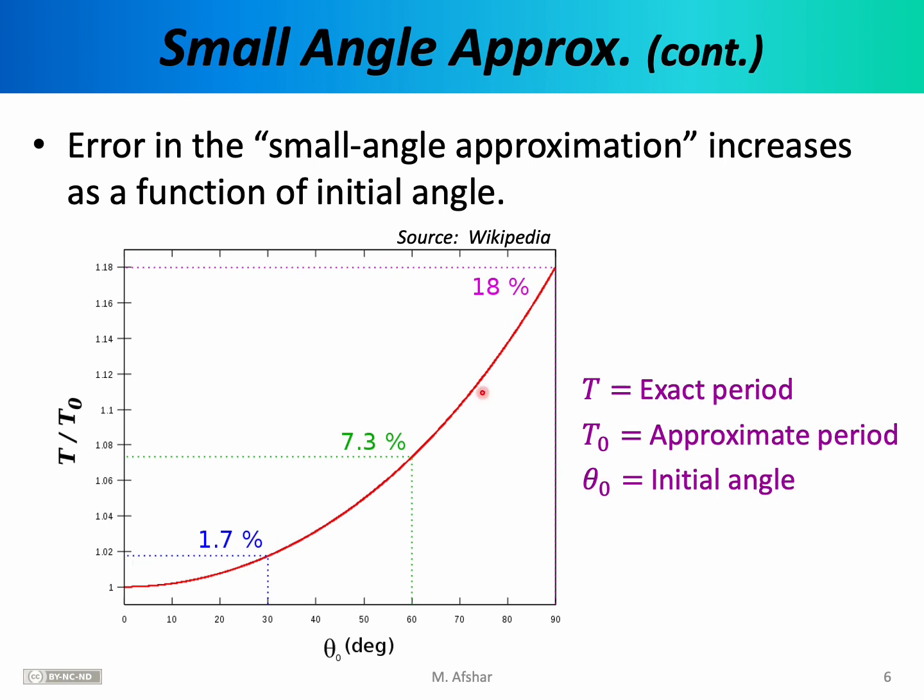What this graph is telling you is that our approximation is quite good so long as you don't force the pendulum to swing too much from its vertical position. For example, if you're designing a grandfather clock and you want to use that pendulum to keep track of time, then obviously you want it to be pretty accurate, and you should not force the pendulum to swing too far to the left or to the right of its equilibrium.